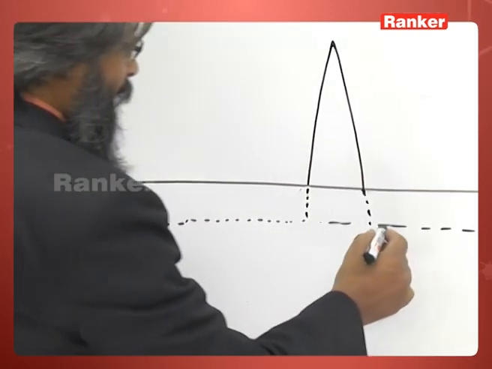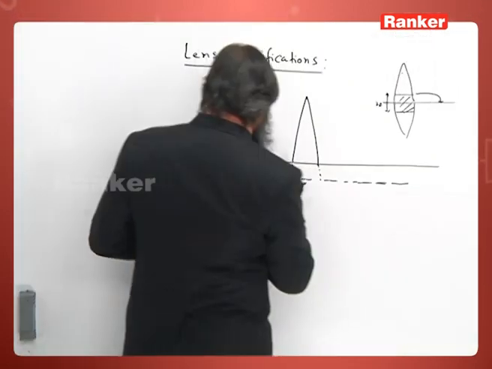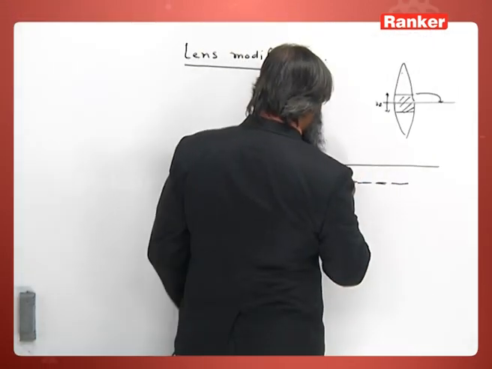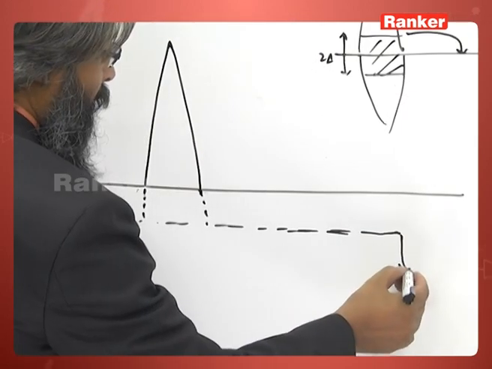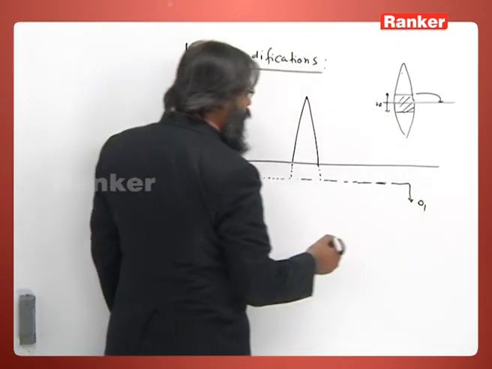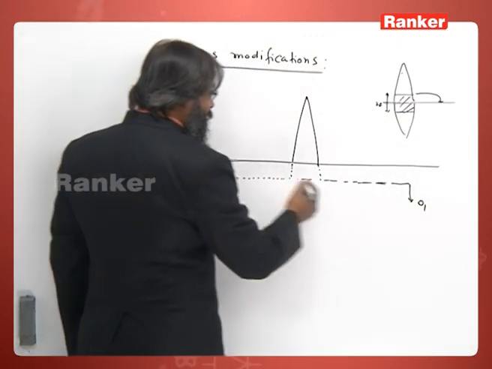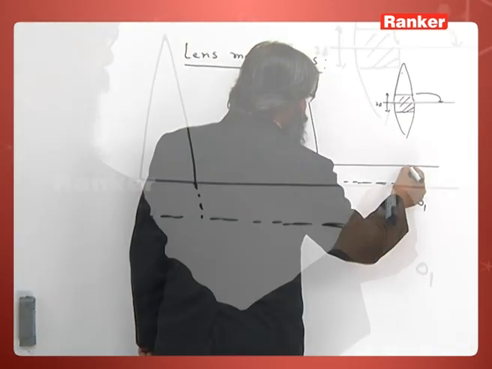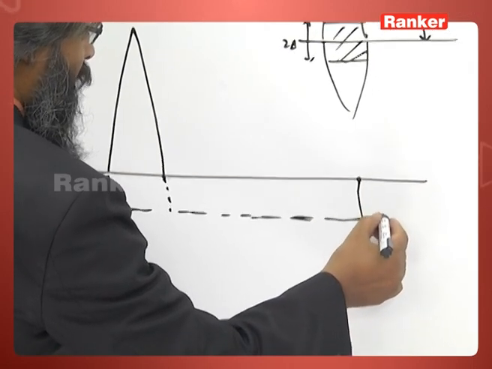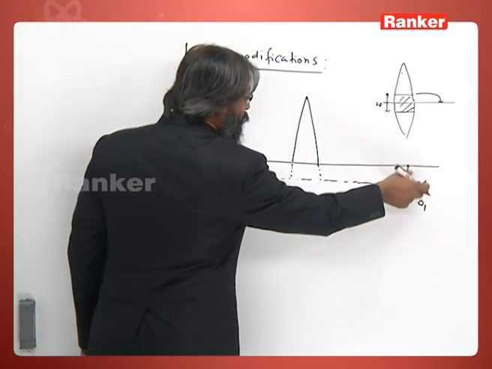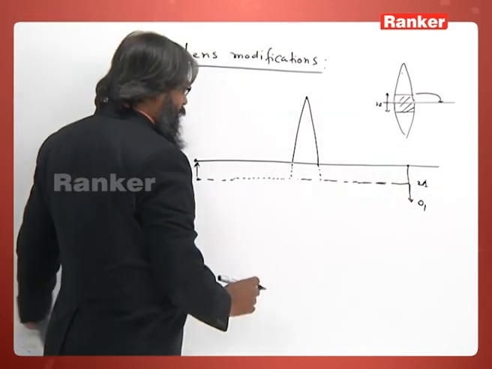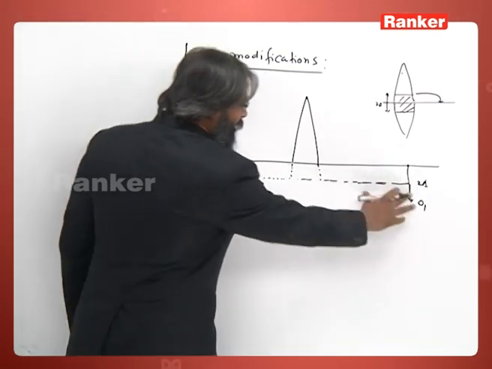So, you get an image exactly at this 2f, and it will be below this. So, it will be O1 and this distance is also delta. So, from this point this distance will be 2 delta. This is delta and so this is delta, so this is 2 delta. Now, once you see this will happen.